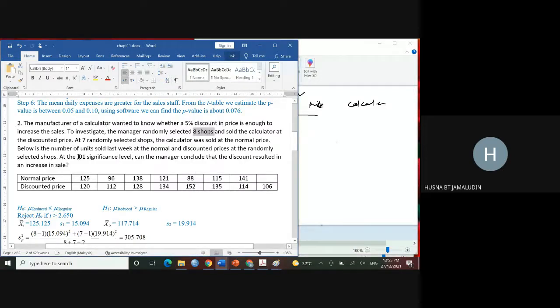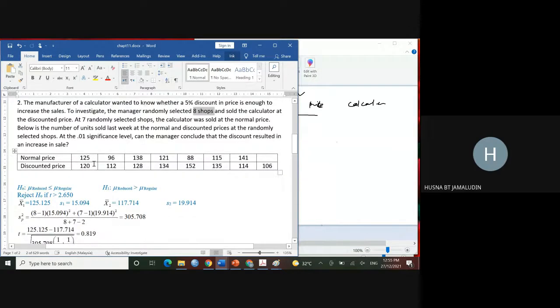Below is the number of units sold last week at the normal and discounted prices at randomly selected shops. So can the manager conclude that the discount resulted in an increase in sales? So how do we formulate the hypothesis?